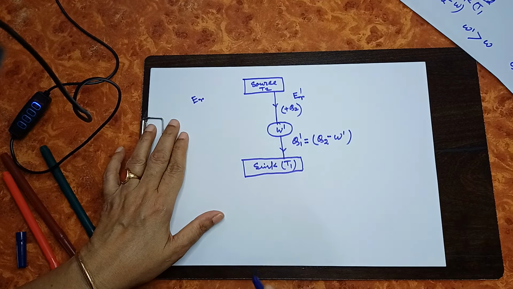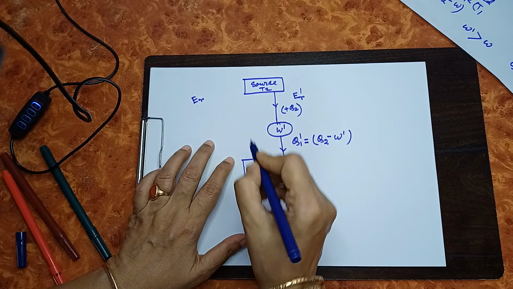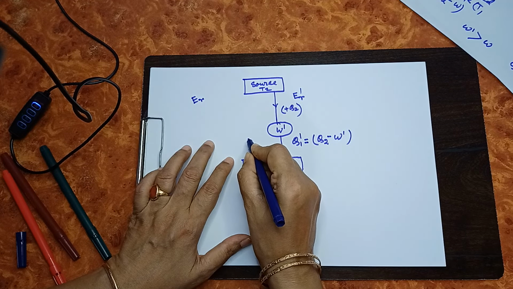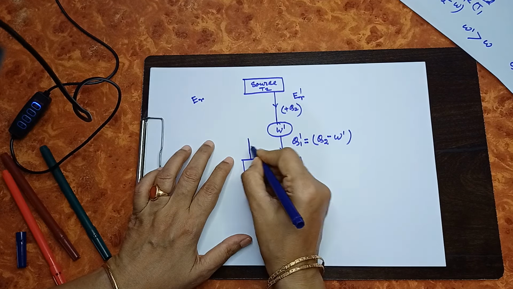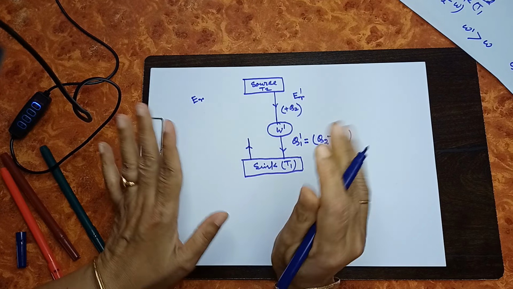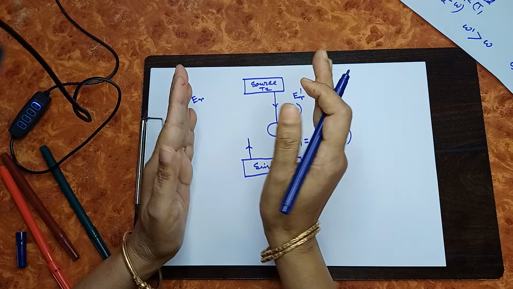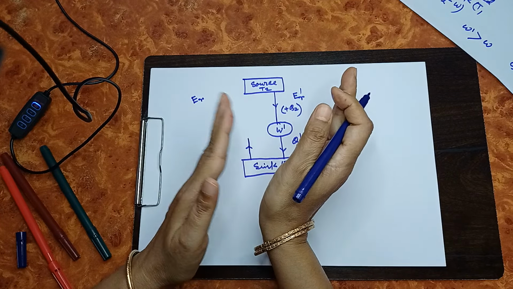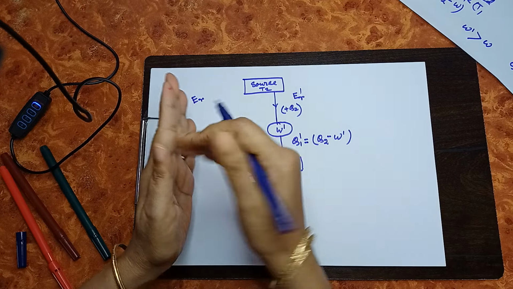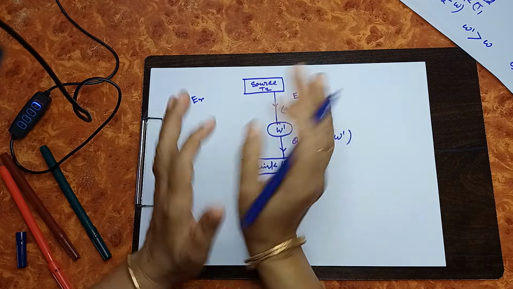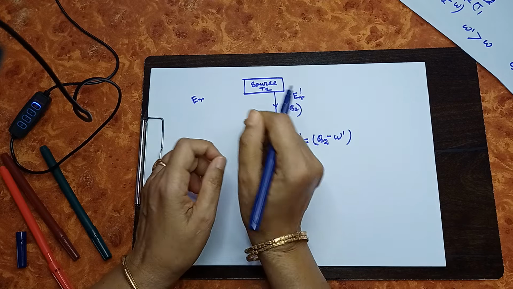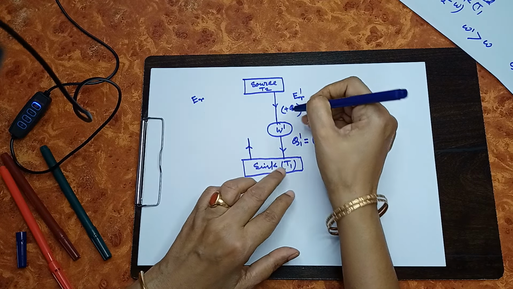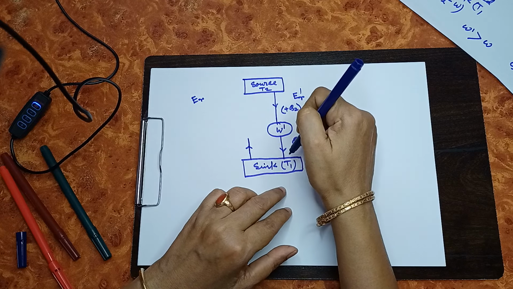This is another heat engine. Actually, what we are doing, let me tell you, these two heat engines ER and ER dash are coupled to form a composite heat engine in such a way that ER dash works in the direct manner.